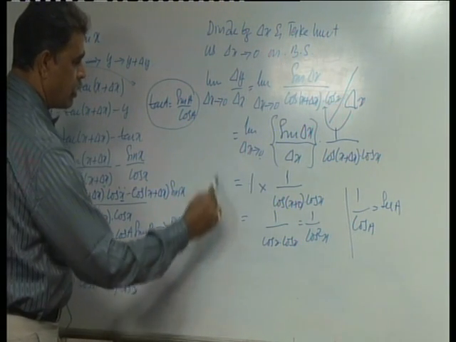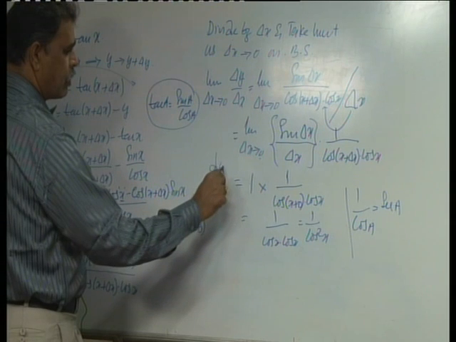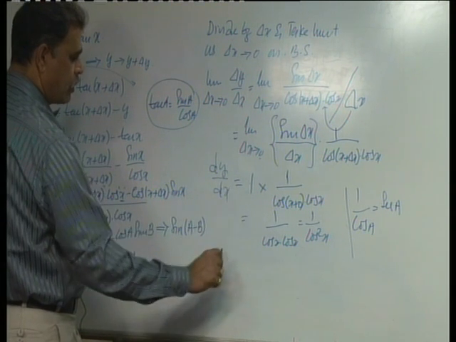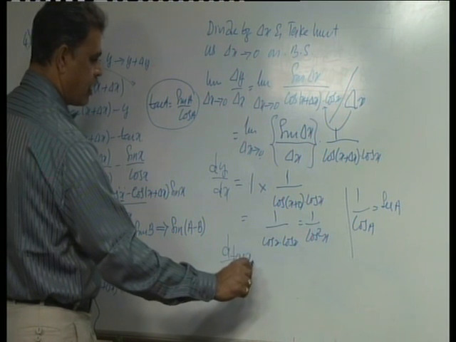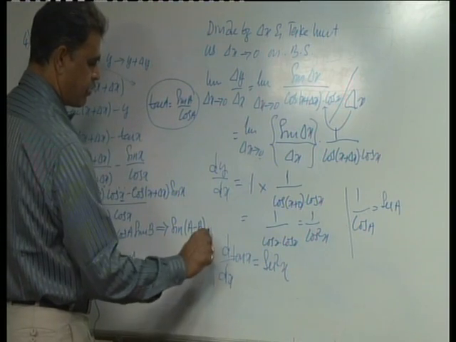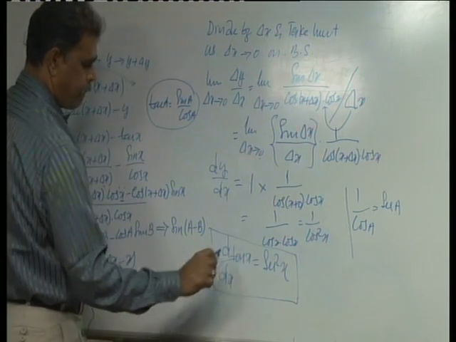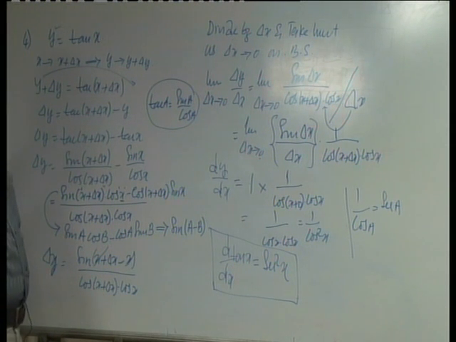According to that, this left hand side limit is taken as dy divided by dx. Therefore, differentiation of tan x is equal to secant square x. Differentiation of tan x is always secant square x.